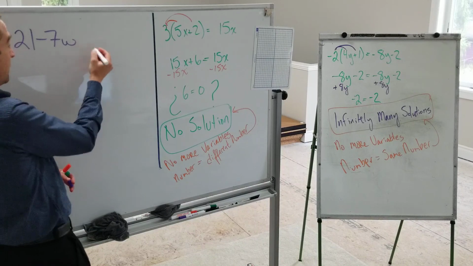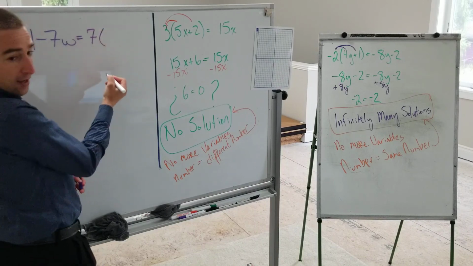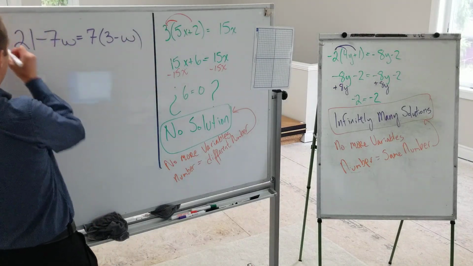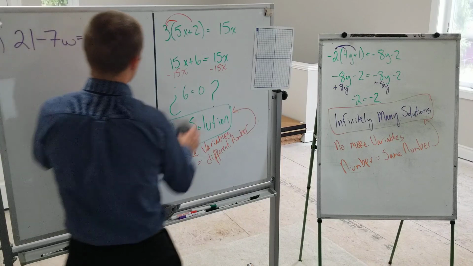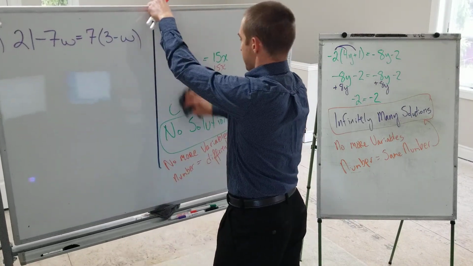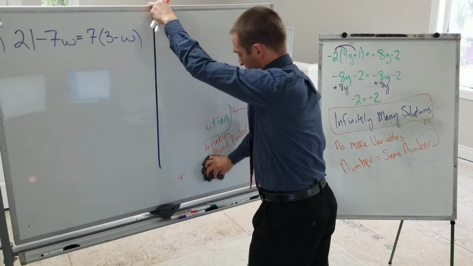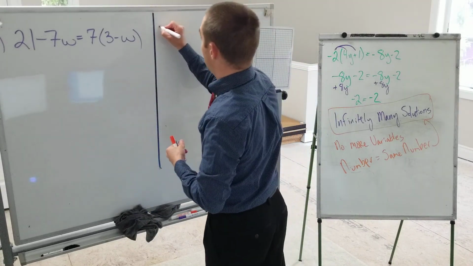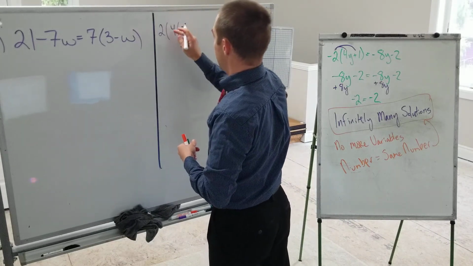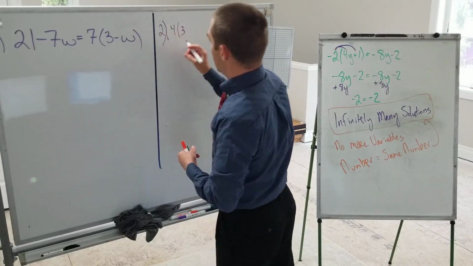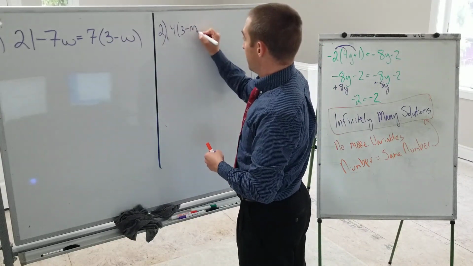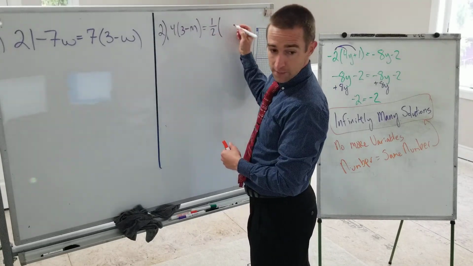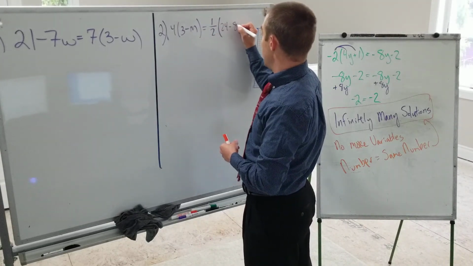So we have 21 minus 7w equals 7 times 3 minus w. That's problem 1. Go ahead and do problem 1 while I write up problems 2 and 3. Problem 2, we have 4 times 3 minus m equals 1/2 times 24 minus 8m.